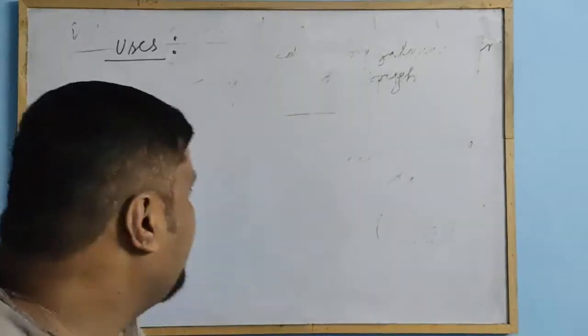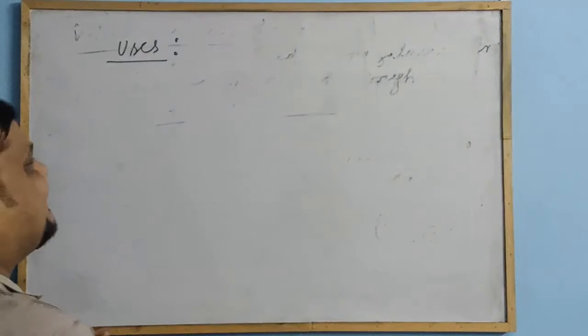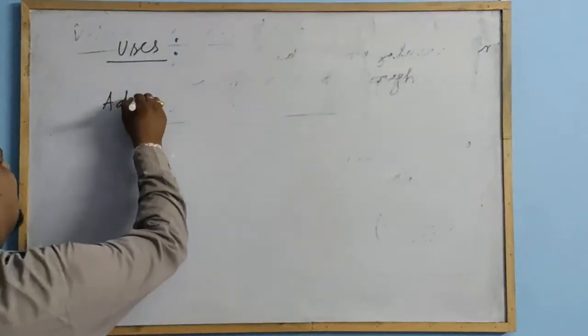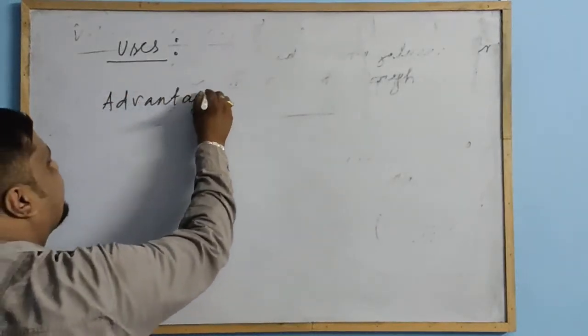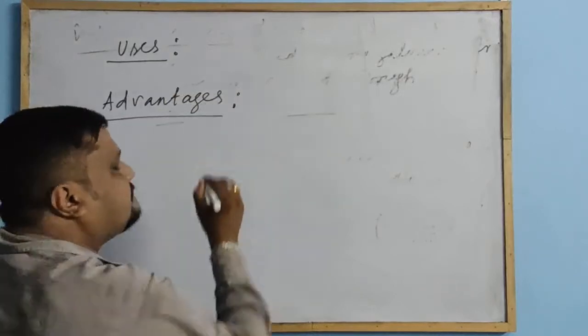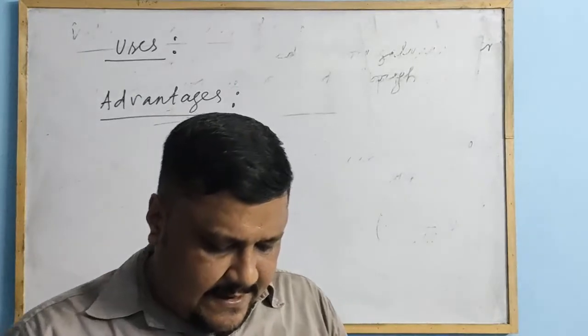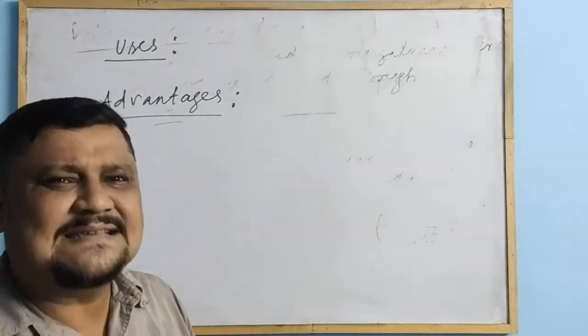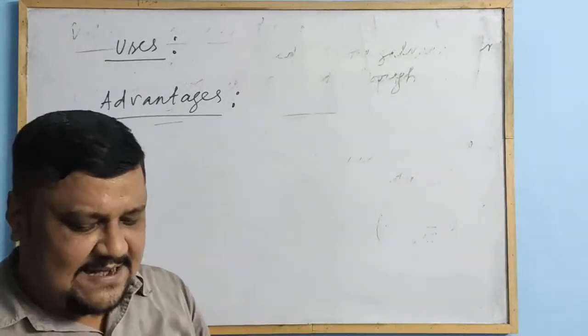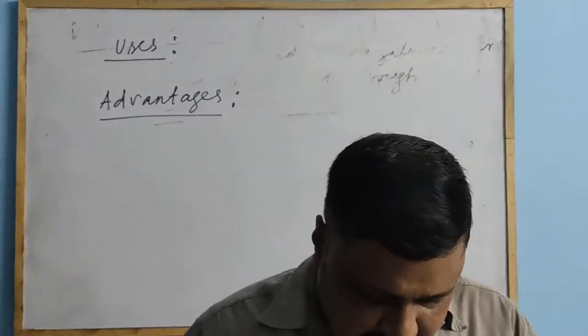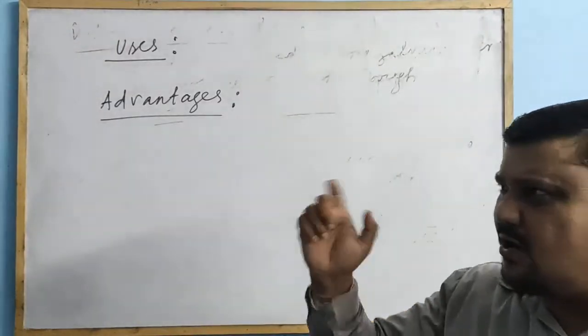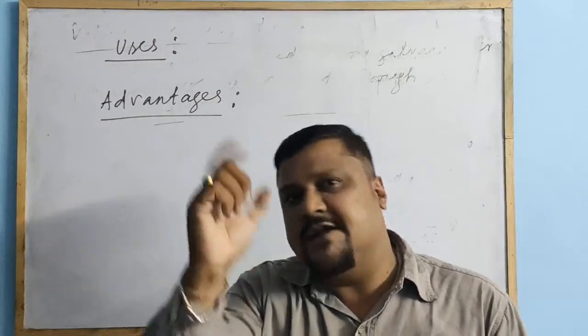Okay. Then we will go to the advantages. What are the advantages of this galvanometer? The advantages are that it can be made extremely sensitive, so that even a small electric current gives a deflection.